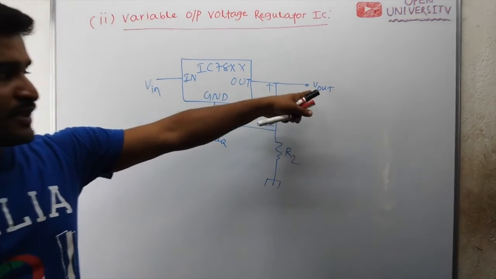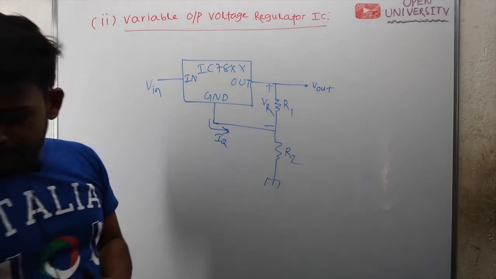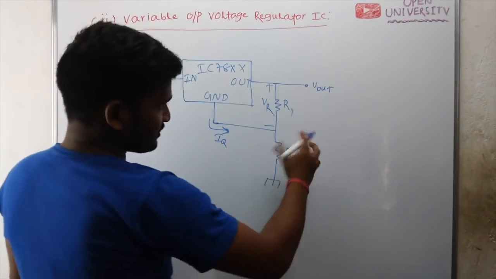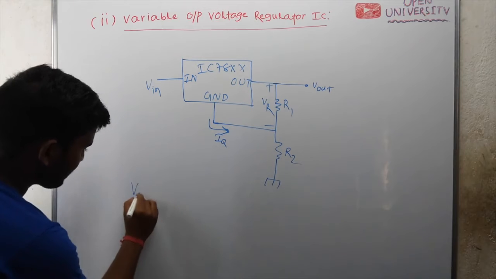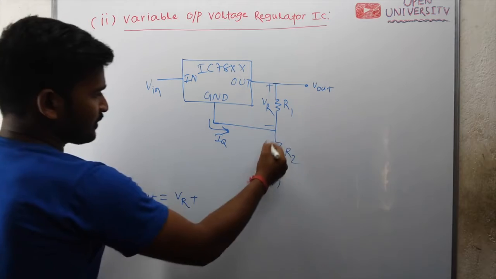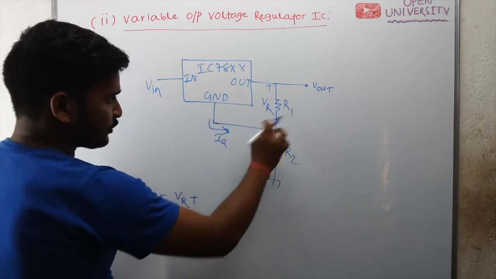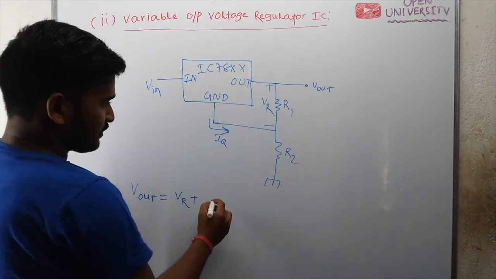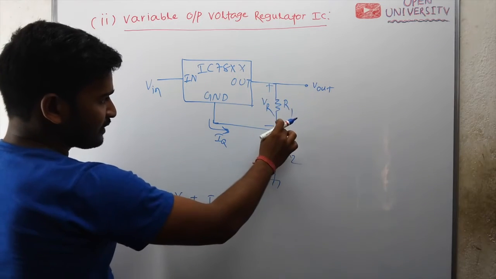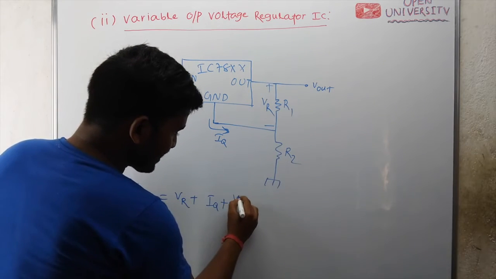This output voltage will be measured with respect to this ground terminal. So output voltage is sum of this voltage plus this voltage. You can write V out equal to VR plus the voltage across this terminal. What is the current flowing in this terminal? IQ plus the current through this branch, that is VR by R1.